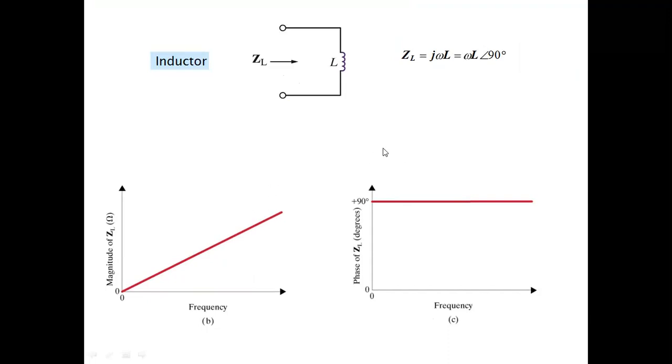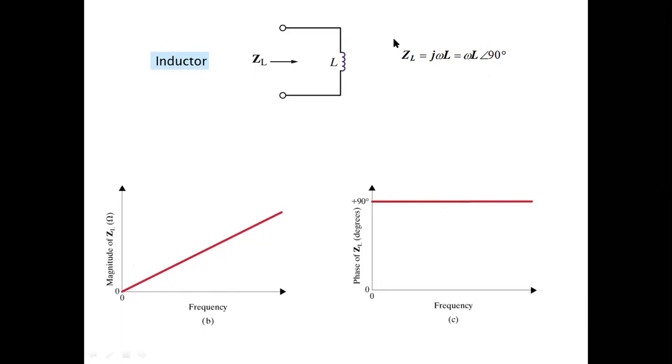For the steady state condition of that impedance, we take the value as a constant, and here we get the angle increasing to 90 degrees.